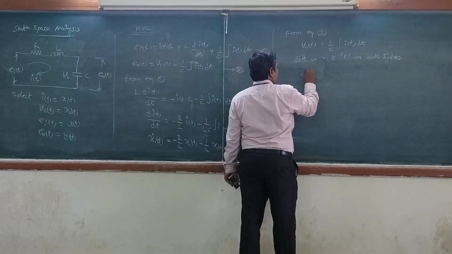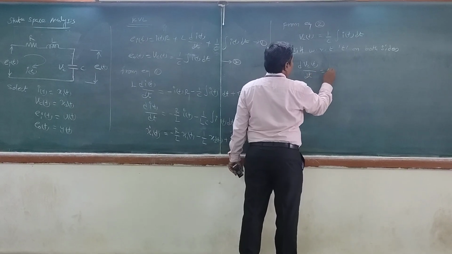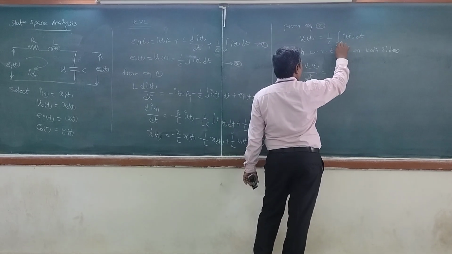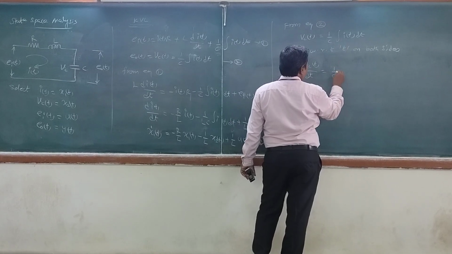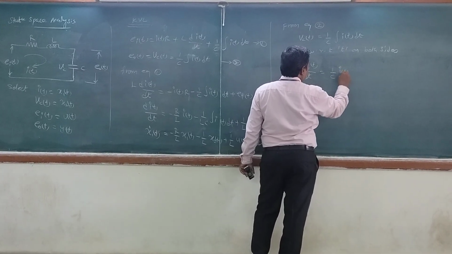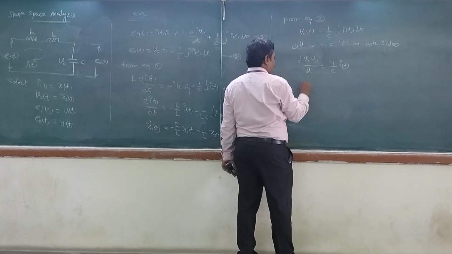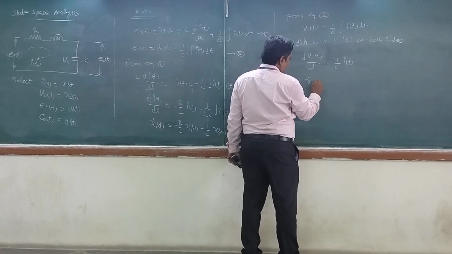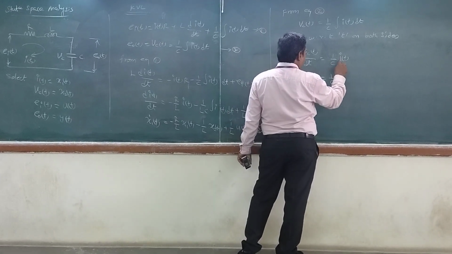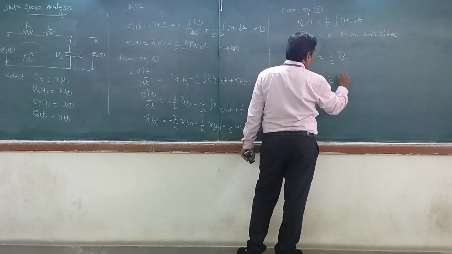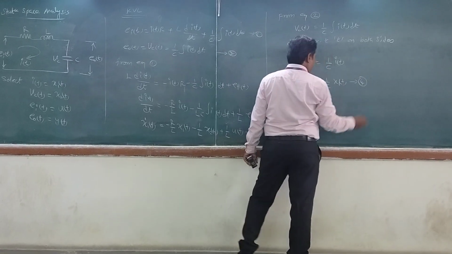Taking the differentiation, the integration gets cancelled: de_o of t by dt is equal to 1 by C i of t. This e_o of t we take as state variable x2, so it can be replaced with x2 dot, and i of t is x1. So x2 dot is equal to 1 by C x1. This is equation number 4.